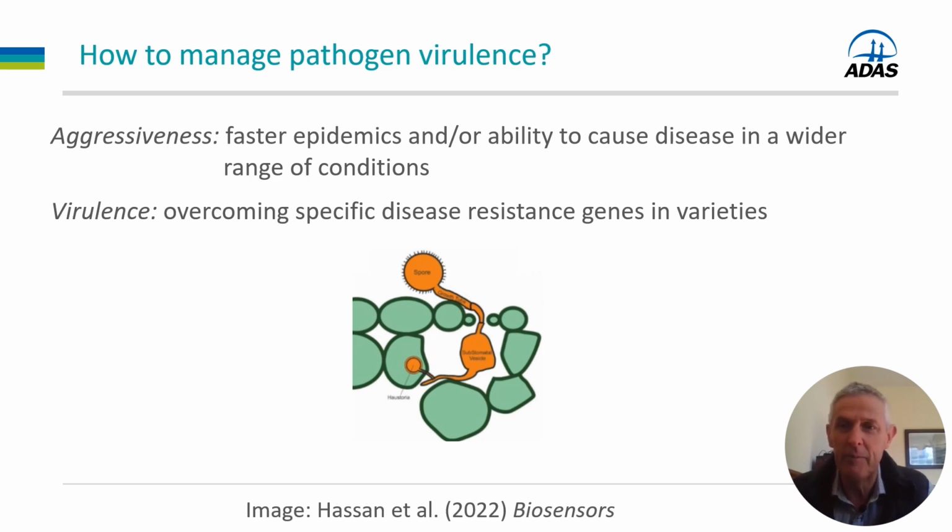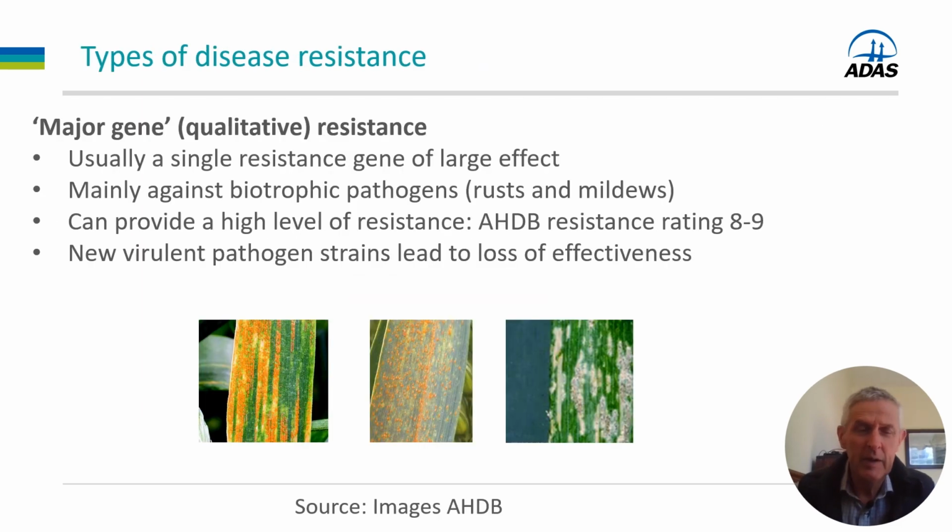thus damaging the leaf. And as we saw in the episode on how to make use of variety selection and particularly disease resistance, we looked at different types of disease resistance, one of which was what we termed major gene or qualitative resistance, which is usually obtained by a single resistance gene of large effect.